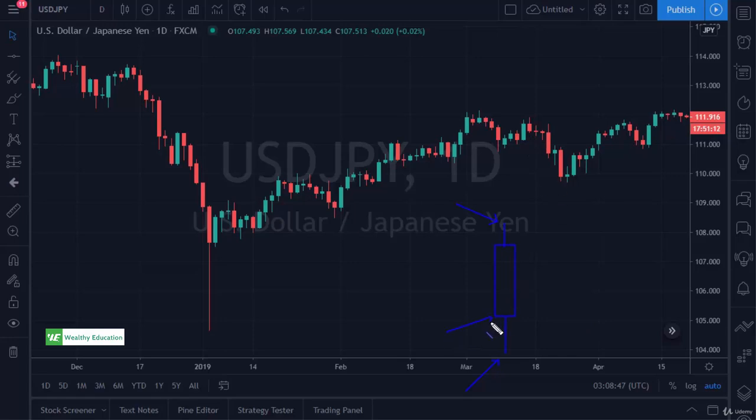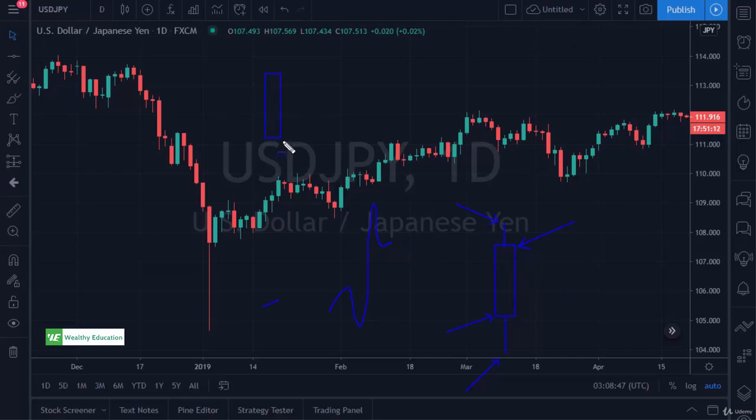So in this case, that would be your opening price, the bottom of this body, and that would be your close. So if I drew this as a line chart, it would look perhaps something like that for the day. You know, we opened up here, we dropped a bit, we rallied pretty significantly, and then we pulled back to close at this area.